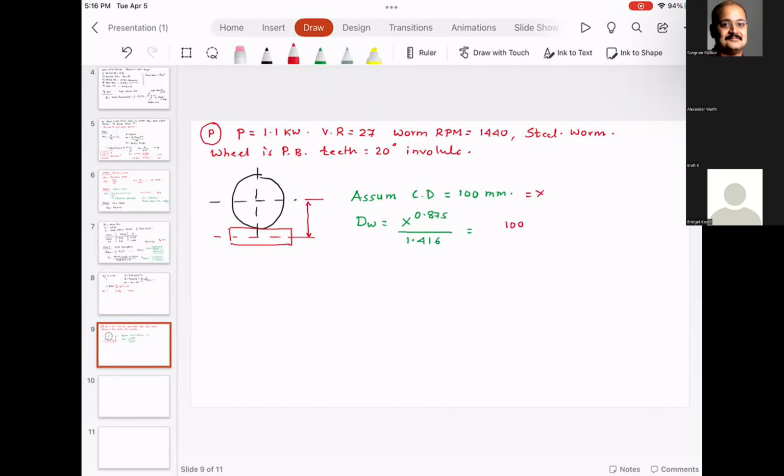So 100^0.875 divided by 1.416 gives you about 40 millimeters.